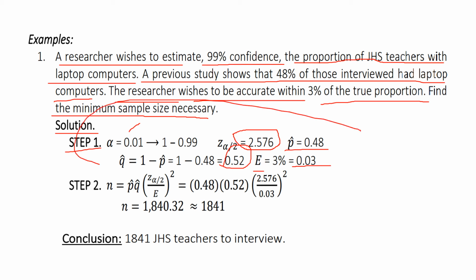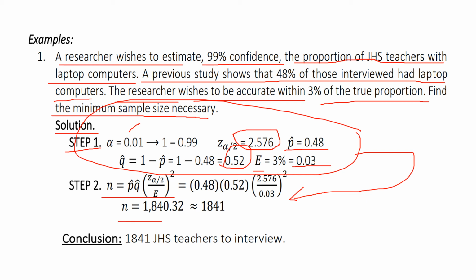So if we substitute these given values to your step number 2, then the resulting value for n is equal to p hat multiplied by q hat multiplied by z sub alpha over 2 over E square. So we simply substitute 0.48 multiplied by 0.52 multiplied by 2.576 over 0.03 square.